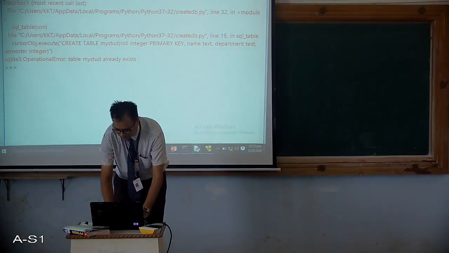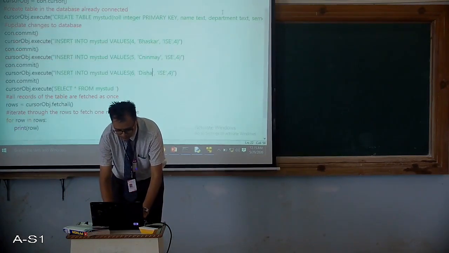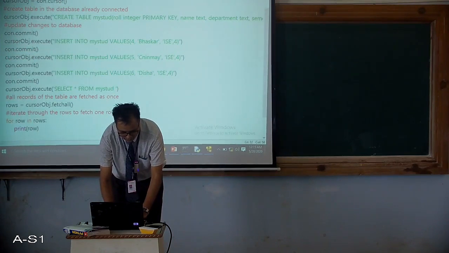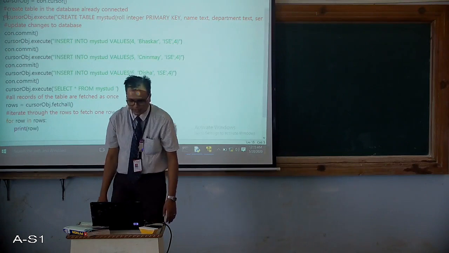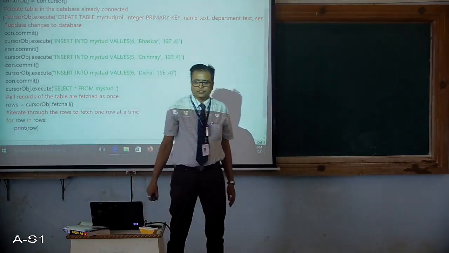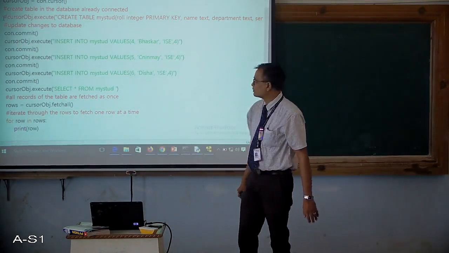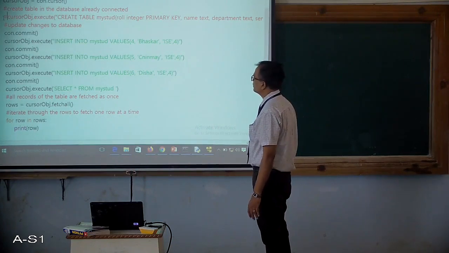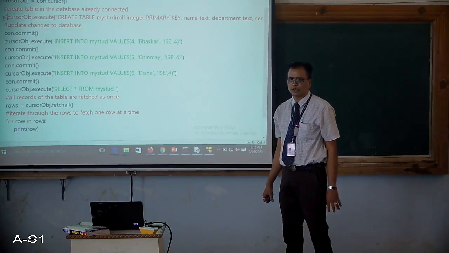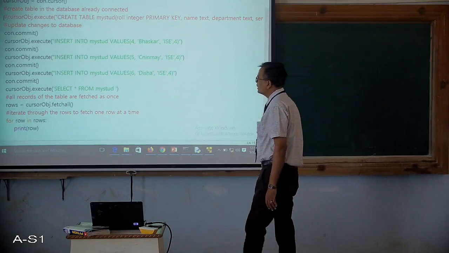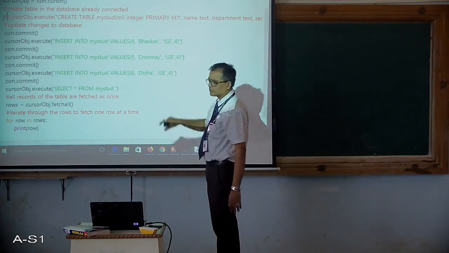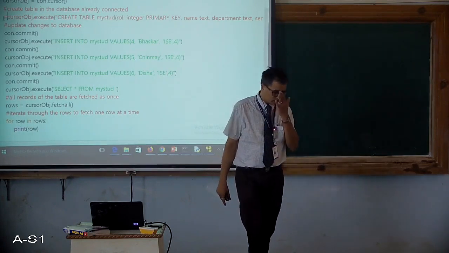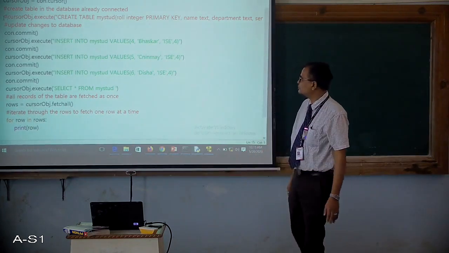Anybody? Any guesses? Instead of creating it, you just put a hash here indicating that this will be a part of comment. That means I don't want to create a table because that table is already existing. I need to use the existing table, and the table name is my student only, in the mydatabase.db.